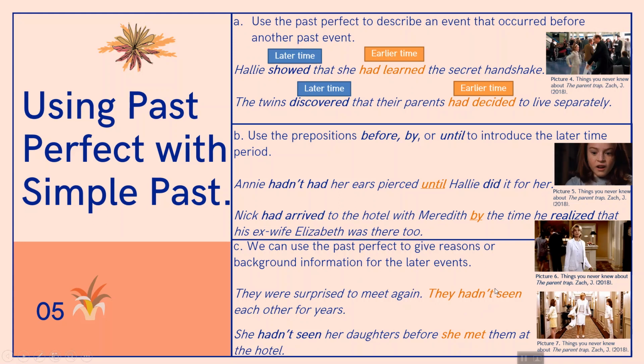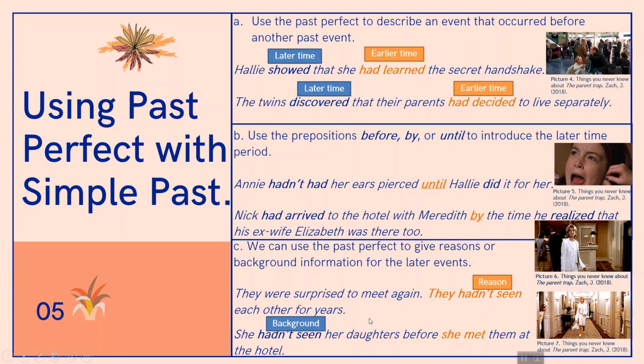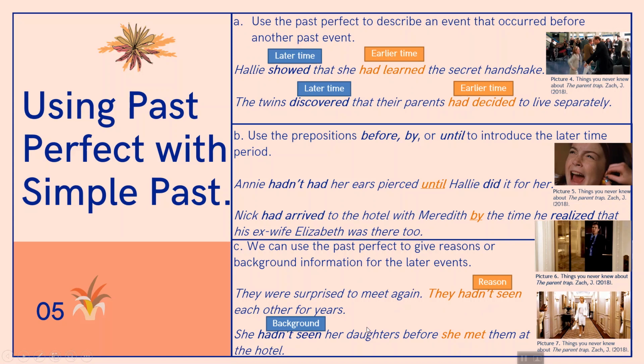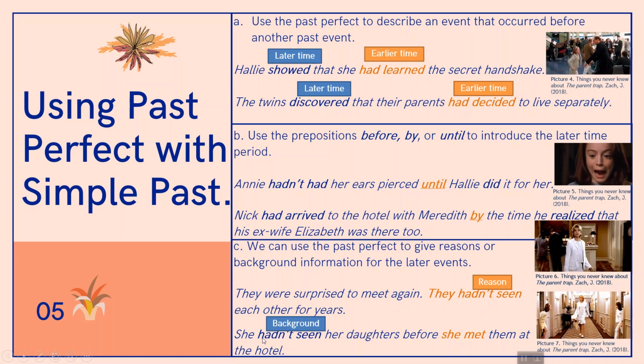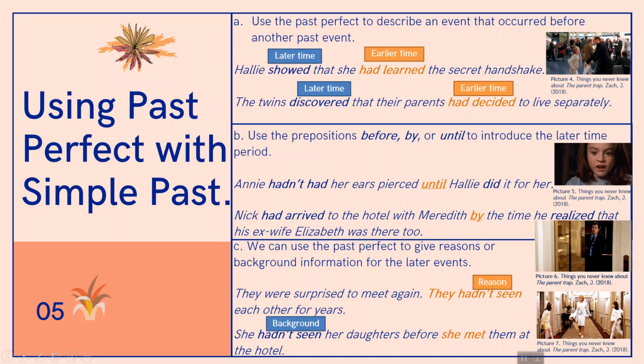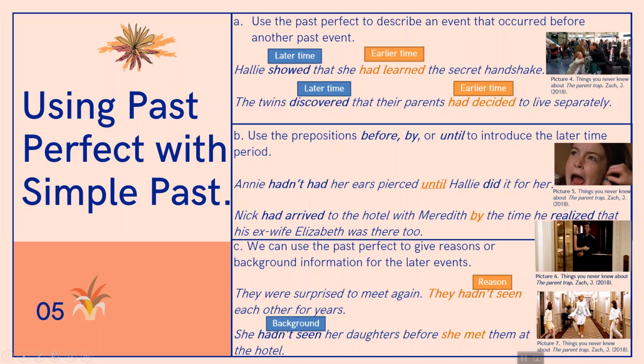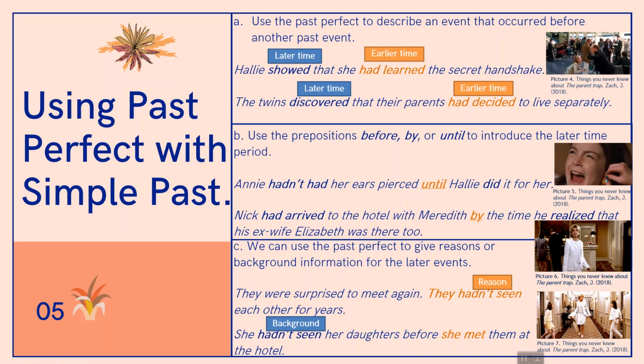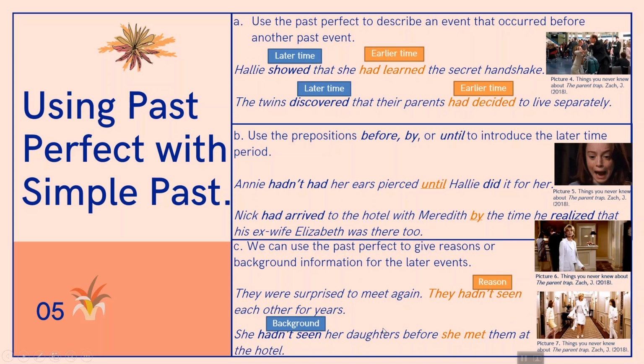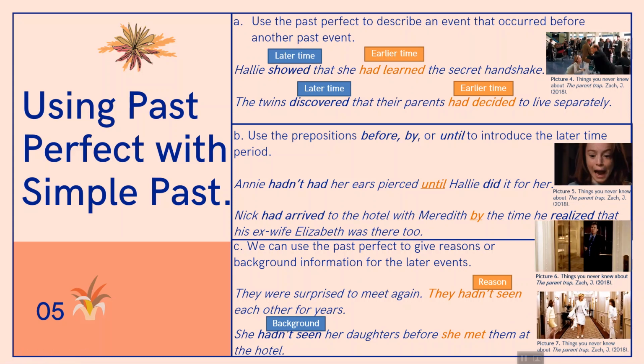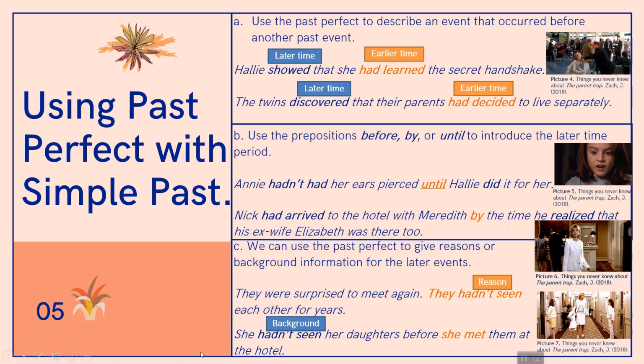Here we're giving the reason. Now, in this other example, we are providing the background information. She hadn't seen her daughters before she met them at the hotel. If you see in the picture, she's really surprised to see the two girls in front of her. Why? Because we are giving the background. She hadn't seen her daughters before. She met them at the hotel.